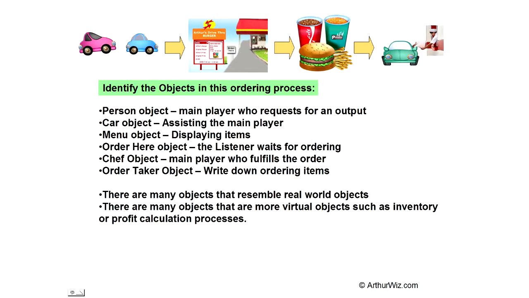As you can see, there are many objects that resemble real-world objects, and in the programming world, there are also objects that do not exist in the real world but in the virtual world, where they are necessary to make it work. These objects are such as the inventory or profit calculation processes.